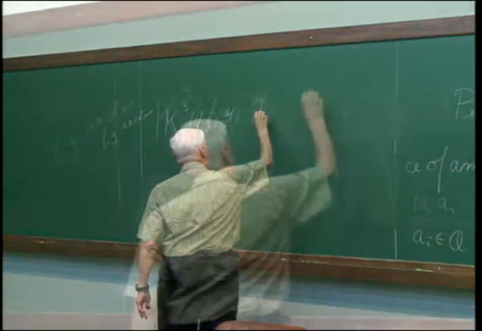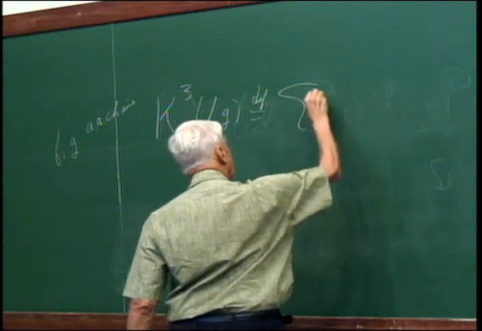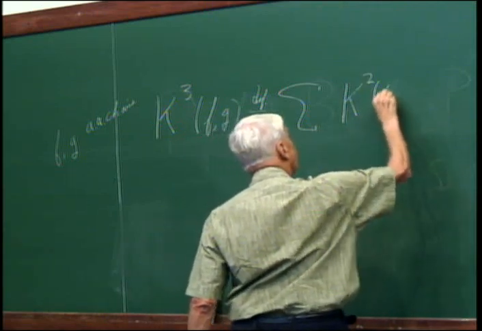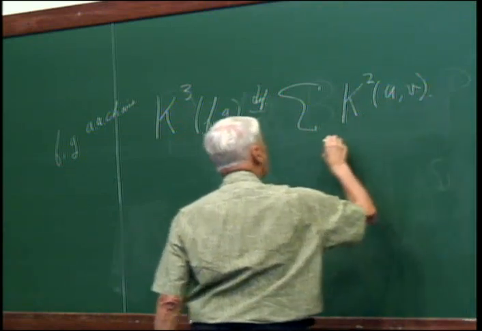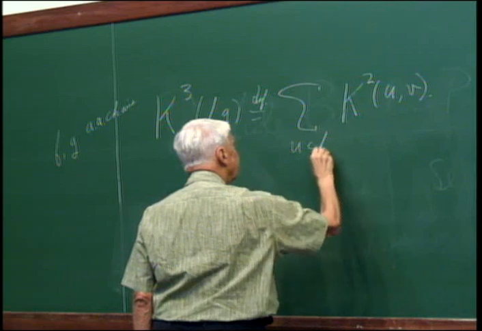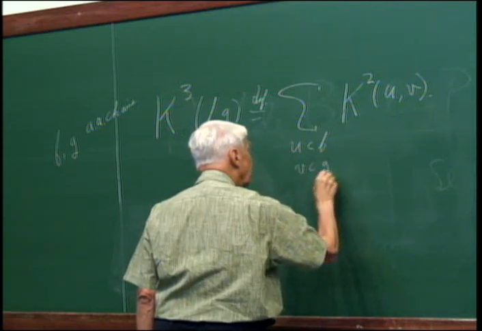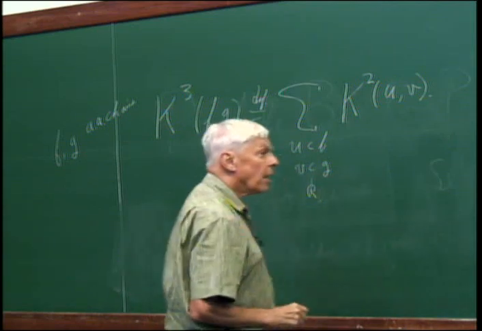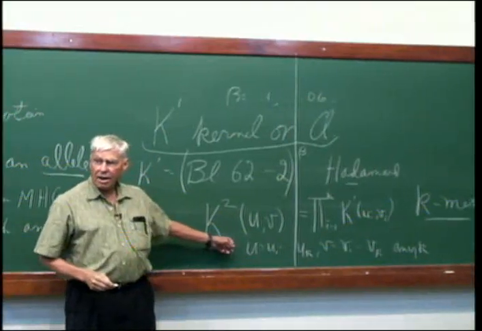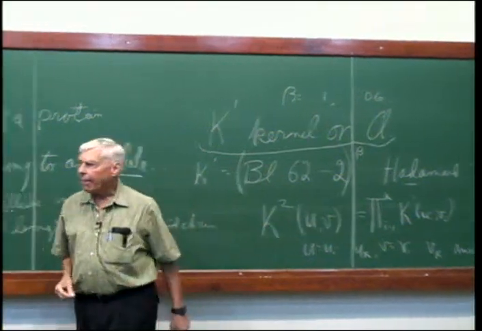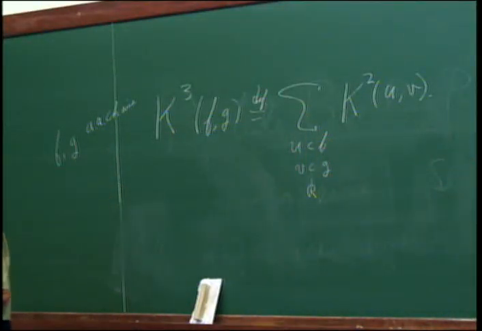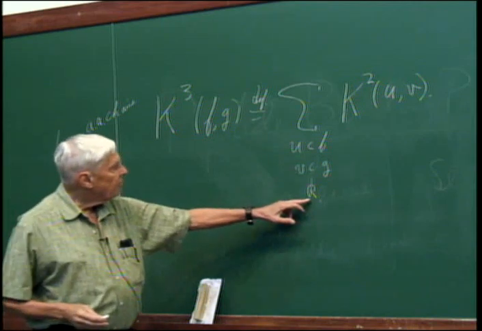So this is going to be now the sum, or you could take an average here, of K2 of U, V over all U contained in F, V contained in G, and k. I could put a subscript little k here, but this works for each k. And U contained in F means a connected substring of fixed length k.